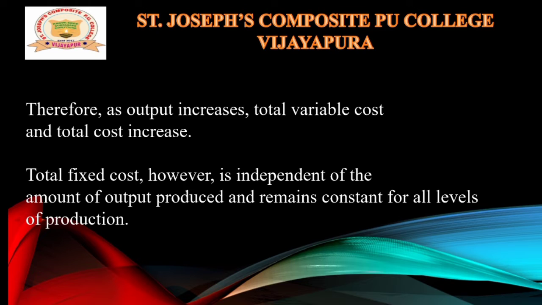However, total fixed cost is independent of the amount of output produced and remains constant for all levels of production. Why? Because it is total fixed cost. Fixed cost means it cannot be changed, it cannot be varied.